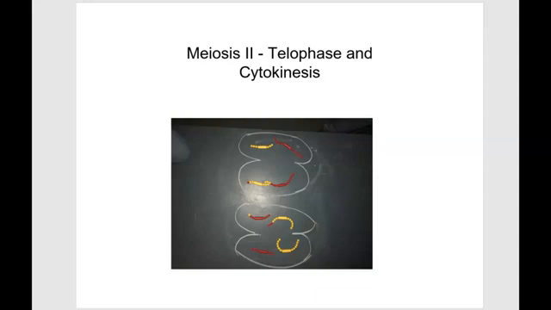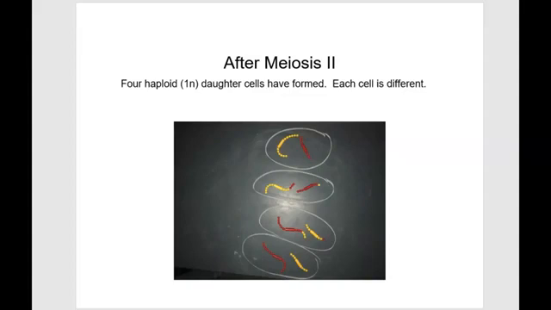And in telophase, cytokinesis occurs and we are left with 4 separate cells. Notice that each of our 4 daughter cells got 1 long chromosome and 1 short chromosome. Each of our 4 cells is haploid and each cell is different.